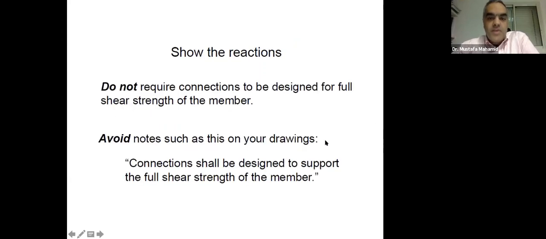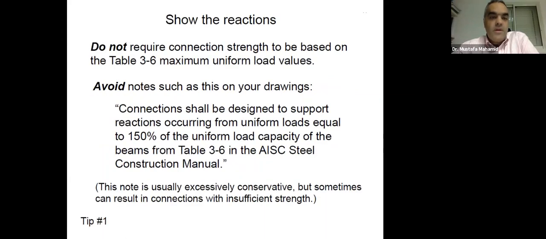Do not require connections to be designed for full capacity, as I mentioned. Avoid notes in your drawings such as connection shall be designed to support full shear strength of the member. Do not require connection strength to be based on the reactions of Table 3-6 maximum uniform loads. This is, of course, very common, and it shouldn't be like that.